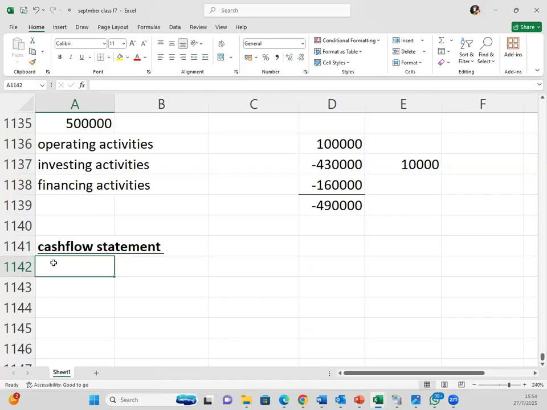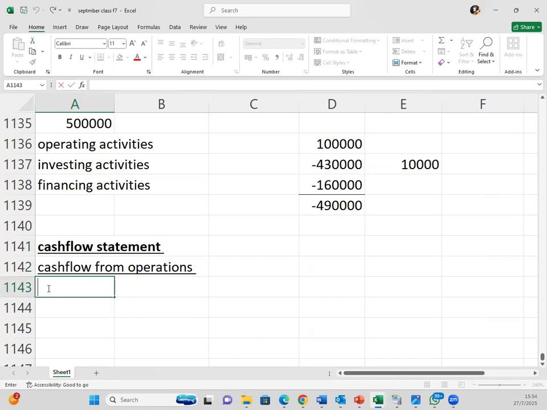If we want to break down the cash flow from operations, the assumption is that the cash flow from operations is the cash flow from the day-to-day activities of the business.